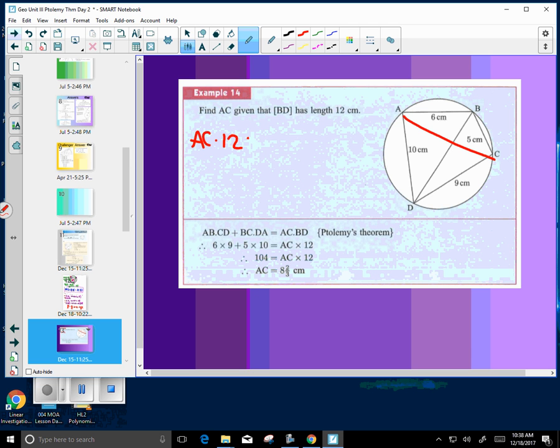BD is 12. That is going to be equal to, and then you just do any pairs you want, AD is 10 times BC is 5 plus AB is 6 times CD is 9. So you're going to go AC times 12 equals 50 plus 54. You're going to get AC is equal to 104 over 12.